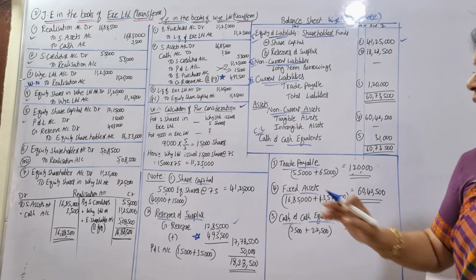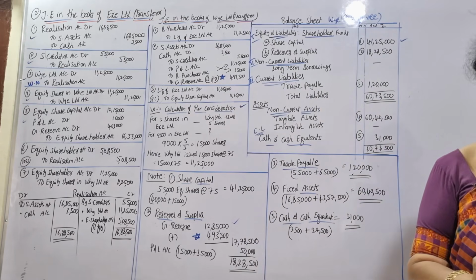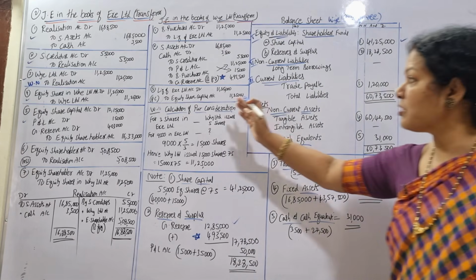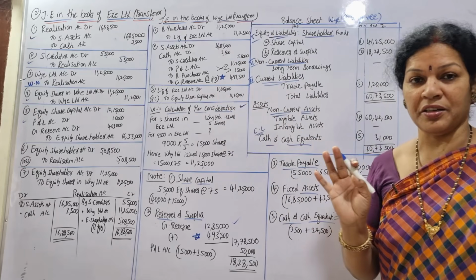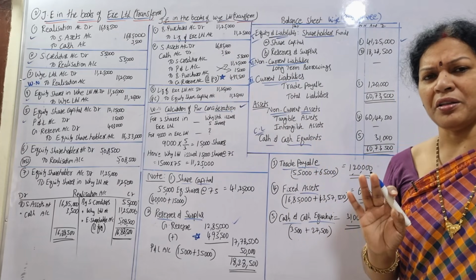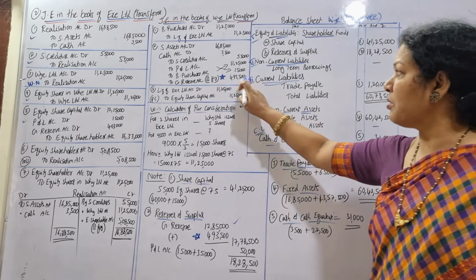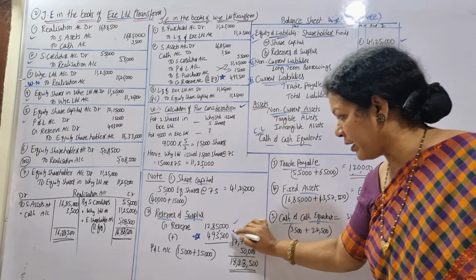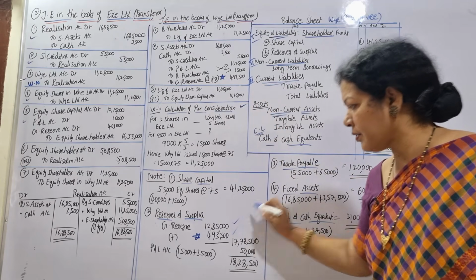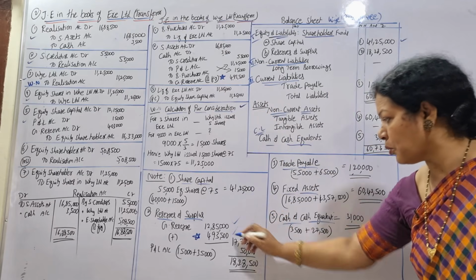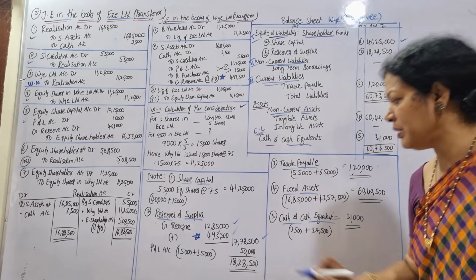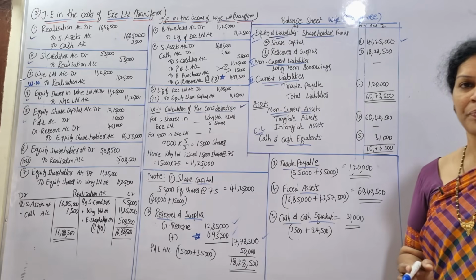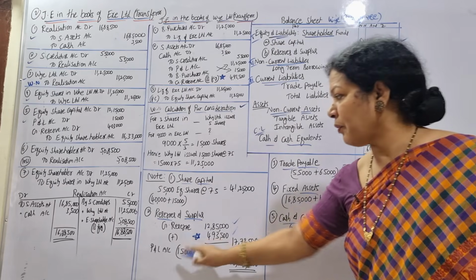To that we are not adding this 4,03,000, because as per the second entry, altogether how much general reserve we have means 4,93,500. This we are adding. So total we are getting 17,78,500. And to that, profit and loss account.